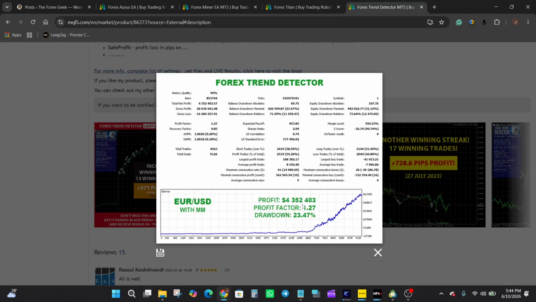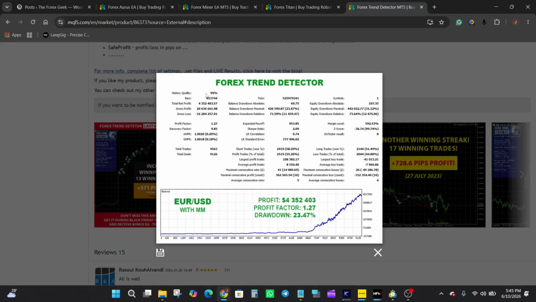Profit over $4.3 million. Drawdown was 23.47% according to this information here, and total trades taken were 4,563.